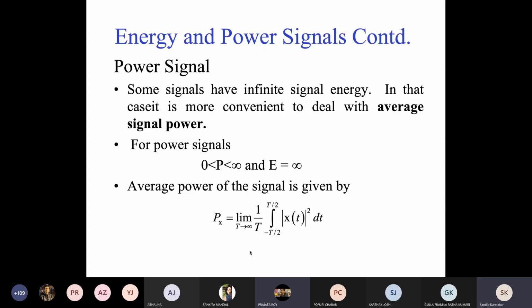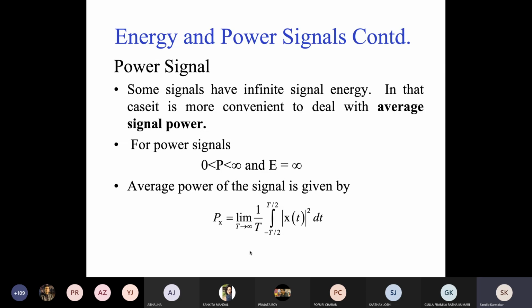So power signal: power is just energy divided by time. Some signals have infinite signal energy. In that case, it is more convenient to deal with average signal power. For power signals, P is within 0 and infinity, and E is equal to infinity.